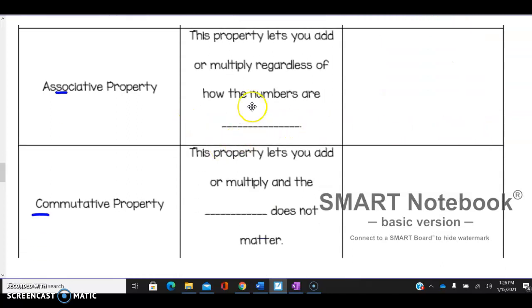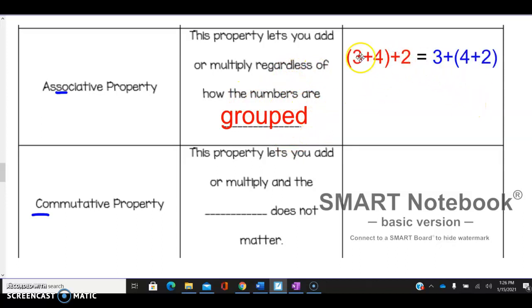The associative property. This property lets you add or multiply regardless of how the numbers are grouped. So if I had (3 plus 4) plus 2, if I moved the parentheses so they were around the 4 and the 2, I would end up with the same answer, even though I changed the grouping.